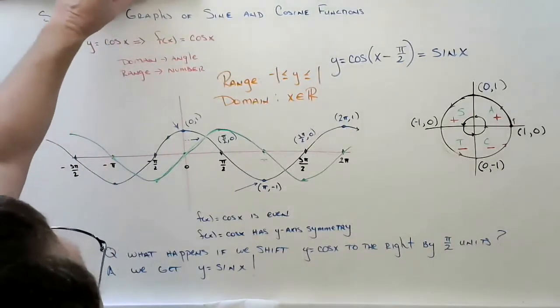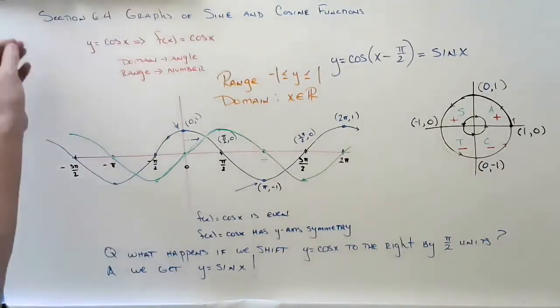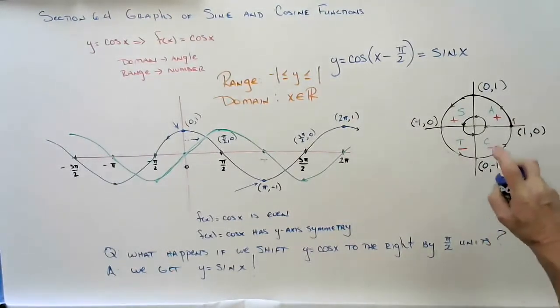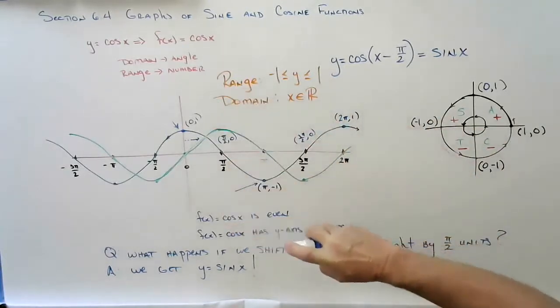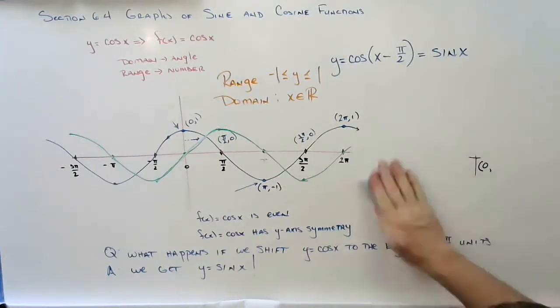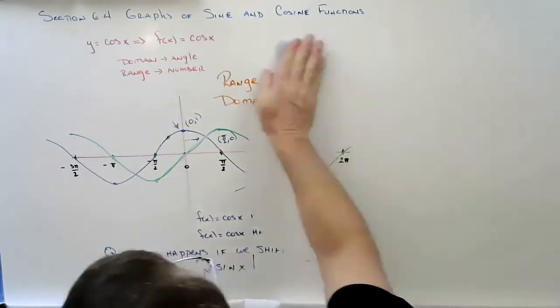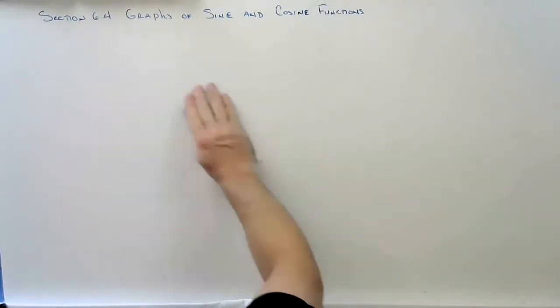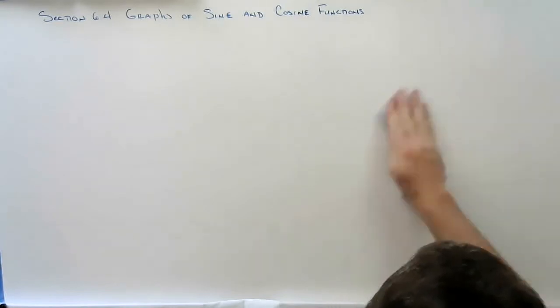But we know that they're going to ask us to do more than just graph sine and cosine. If all they were going to ask us to do is just draw the graph of sine x and cosine x, well, then this would be great. But we know that's not what's going to happen. We know they're going to ask us to do transformations, because that's what always happens when we graph, right?